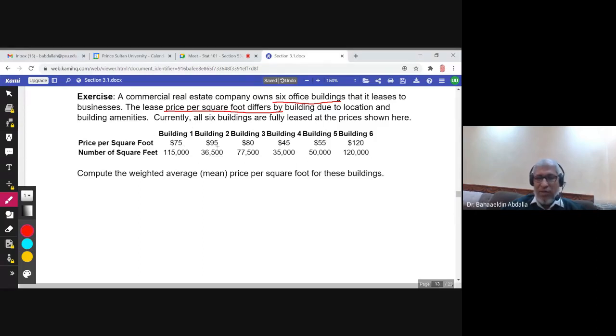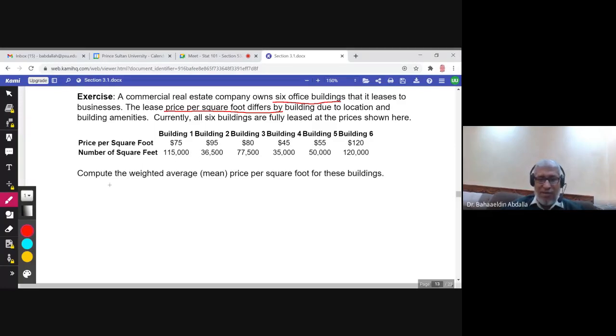The price per square foot of building 6 is $120. Why is there a difference in the price? Because of the location and the building amenities. Currently, all 6 buildings are fully leased at the prices shown here. This is the price per square foot of each building.